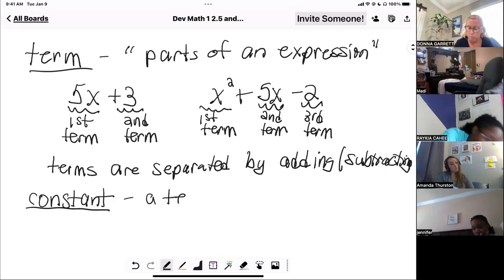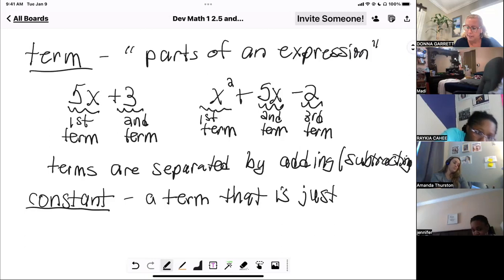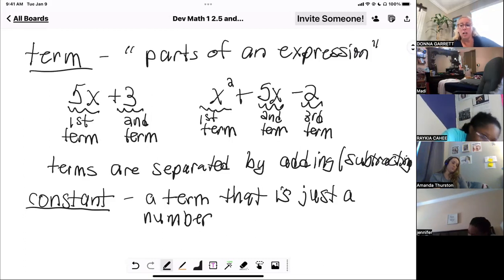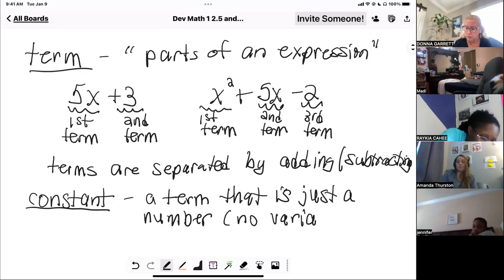It's a term that is just a number. So if I have a number 6, it's a constant because 6 will always be 6. If I have a number 12, it's a constant because 12 will always be 12. There is no variable. It is just a number.